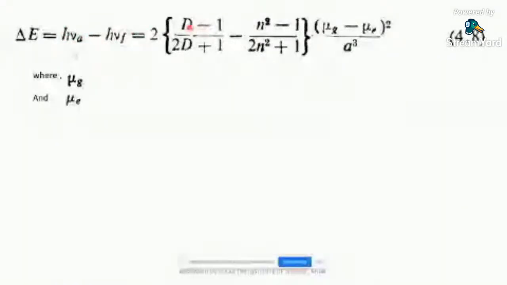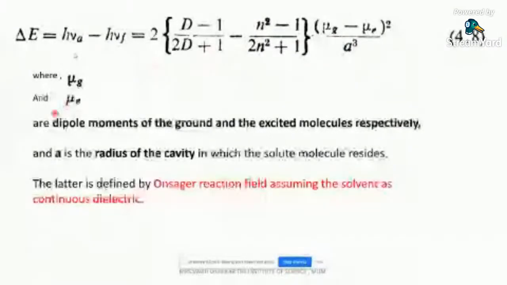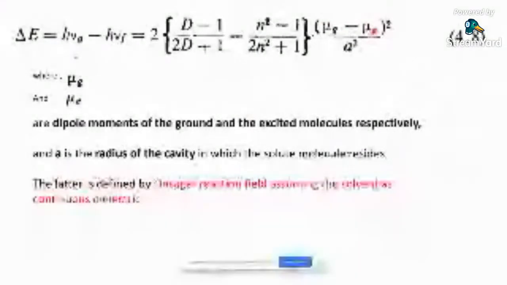It depends on the dielectric constant of the medium, the refractive index of the medium, and the dipole moments, where mu G and mu E are the ground state and excited state dipole moments, and a is the radius of the cavity in which the solute molecule resides, as the solvent molecules will be surrounding the solute entity.